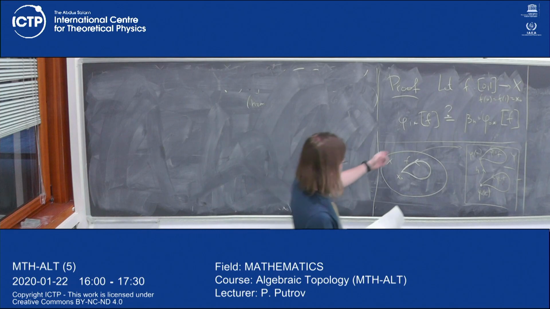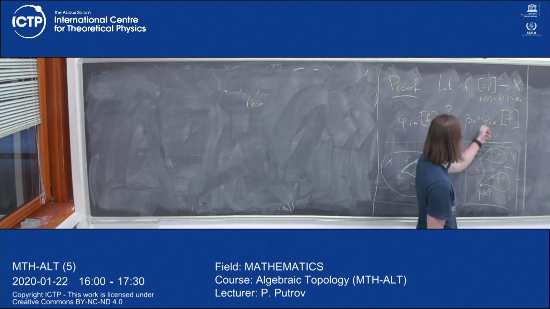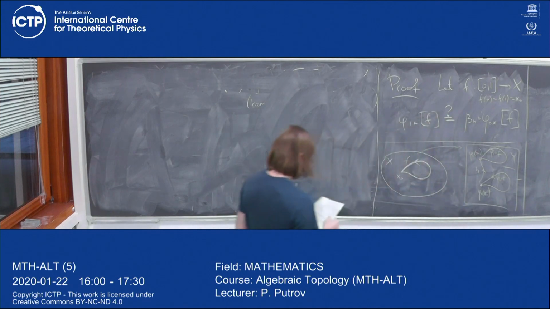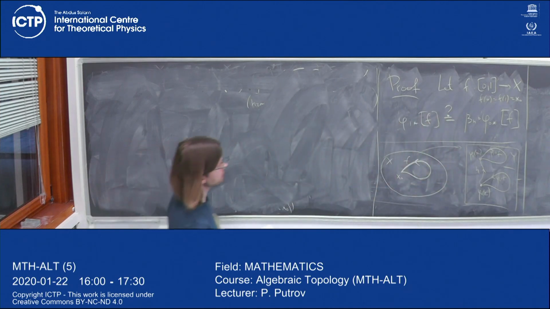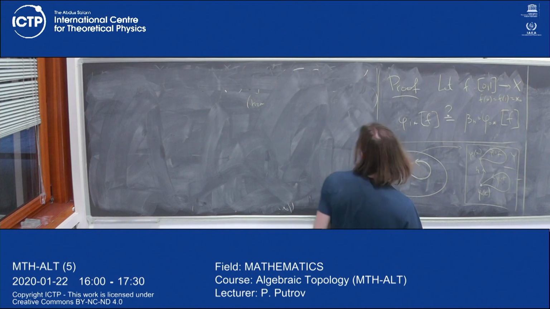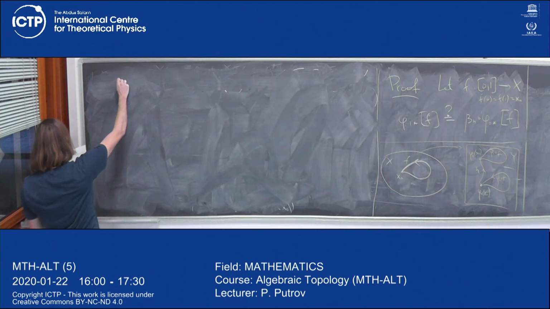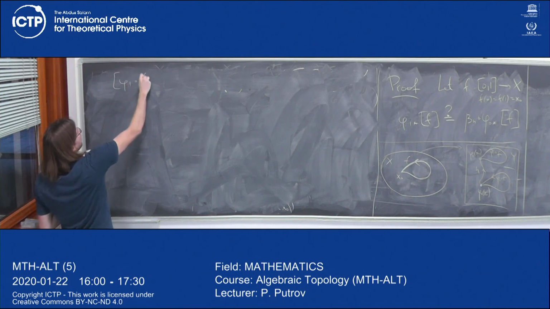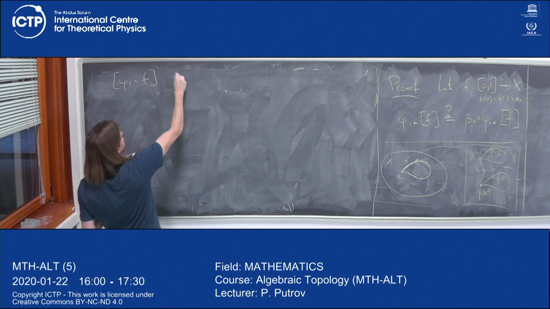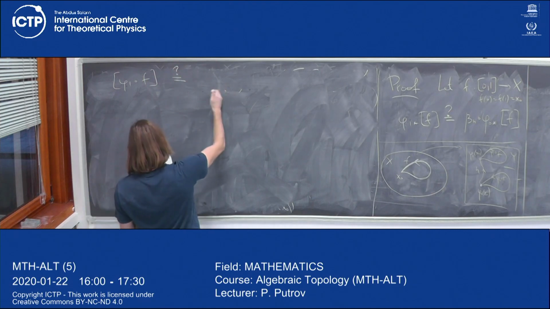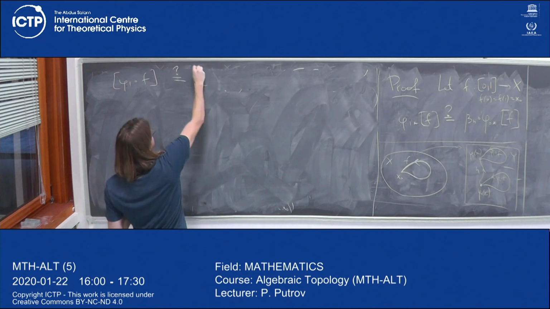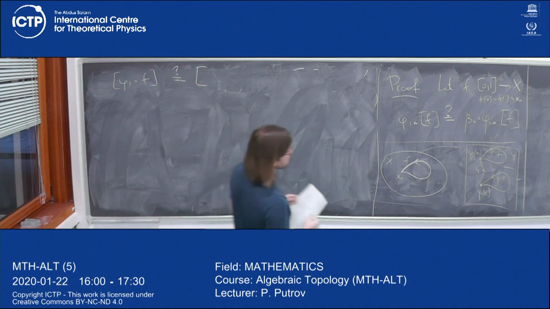So I need to check the statements, so let me first use the definition of all these homomorphisms acting on the fundamental group. So by definition, the left-hand side, I want to check the class of phi 1 star of f is the same as the class of the following.